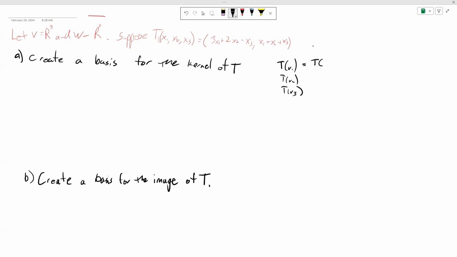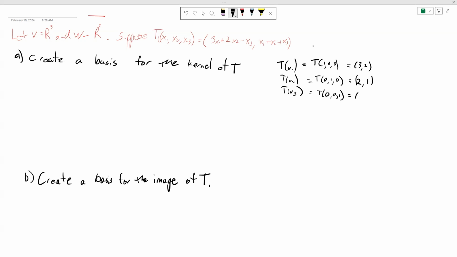I'm going to look at what happens to T of 1, 0, 0, T of 0, 1, 0, and T of 0, 0, 1. Now, 1, 0, 0 gets mapped to 3, 2. 0, 1, 0 gets mapped to 2, 1.